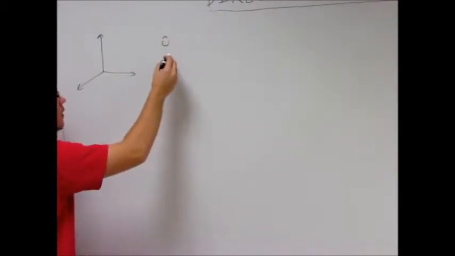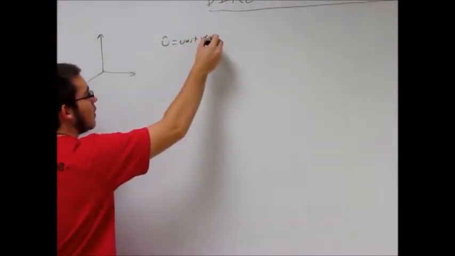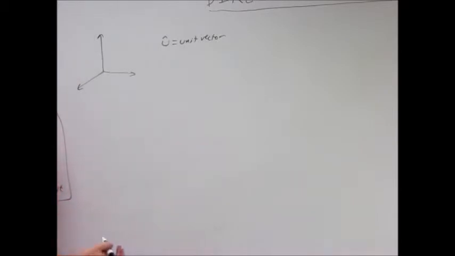The directional derivative is basically going to be a derivative in some direction u. U is the unit vector in the direction that we want.